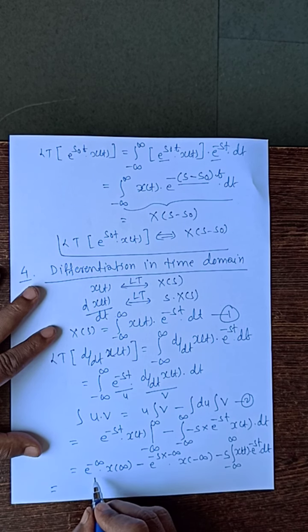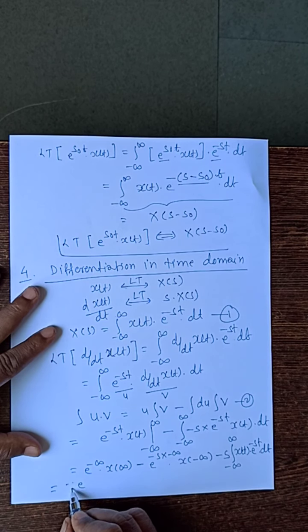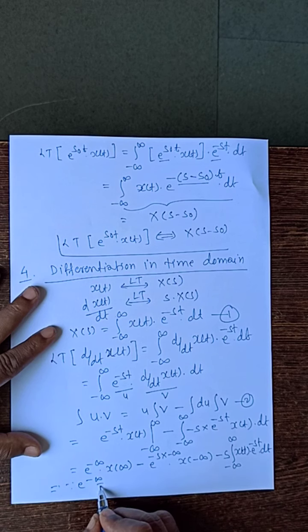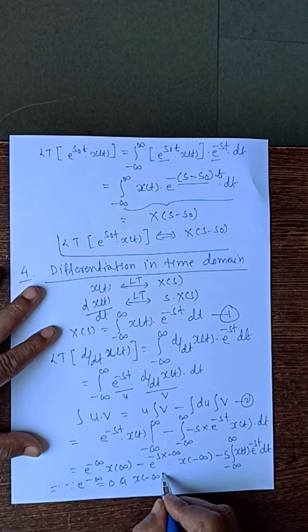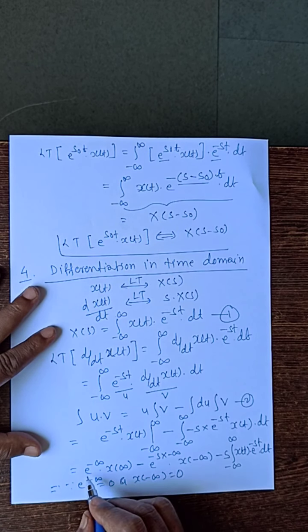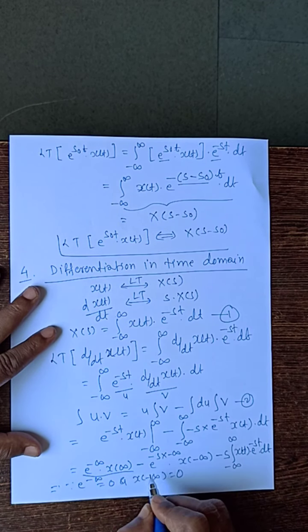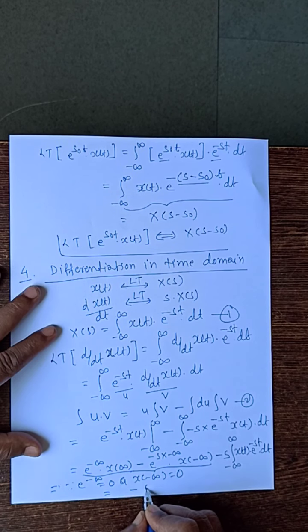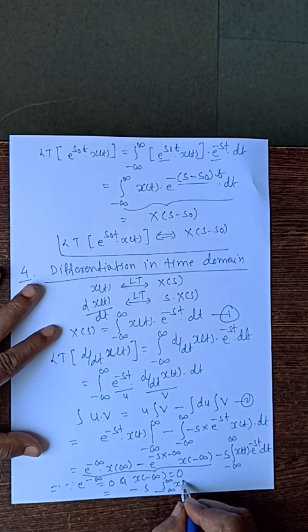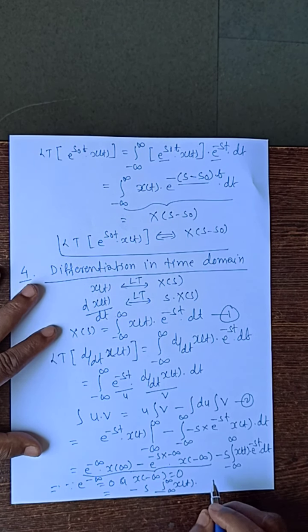The first term, since e raised to minus infinity is equals to 0 and x of minus infinity is equals to 0, the entire first term reduces to 0. So that is equals to minus s integral from minus infinity to plus infinity x of t into e raised to minus st dt.